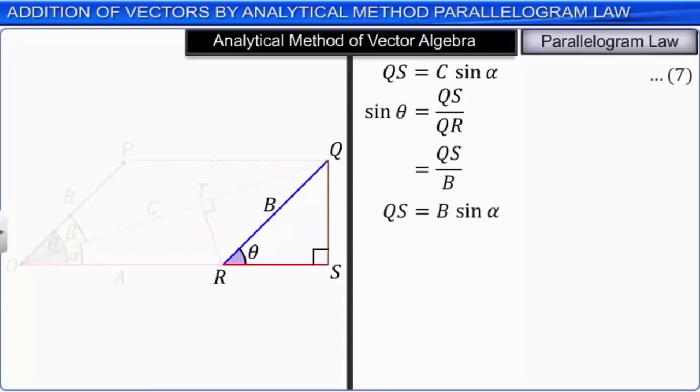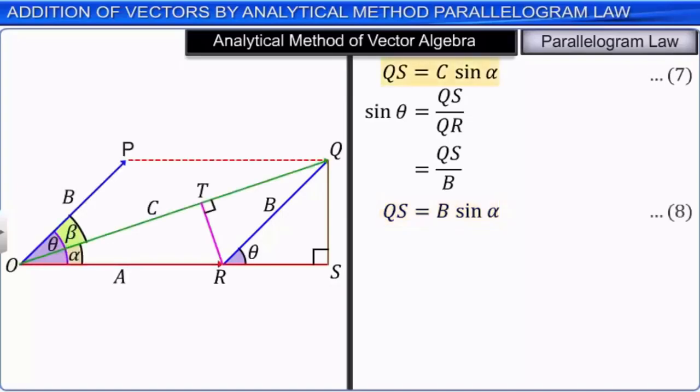Let this be equation 8. Equating 7 and 8, we get C sin alpha is equal to B sin theta. C by sin theta is equal to B by sin alpha. Let this be equation 9.